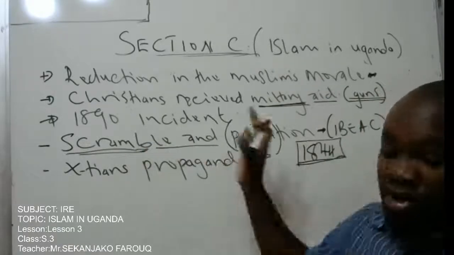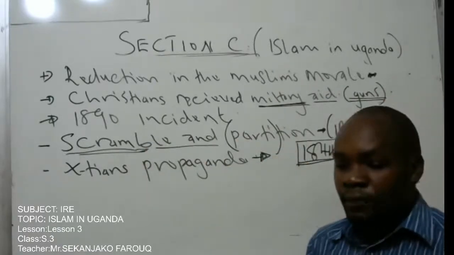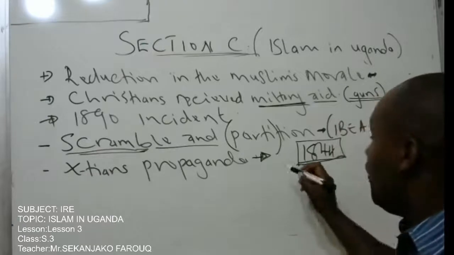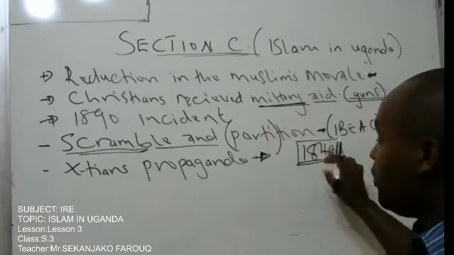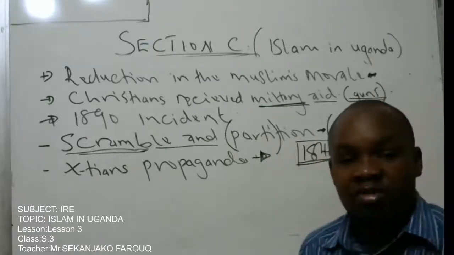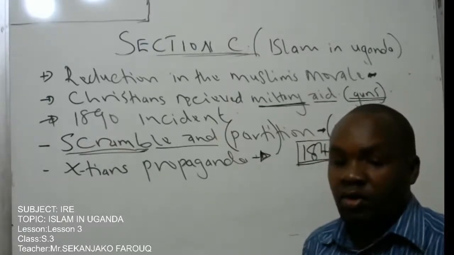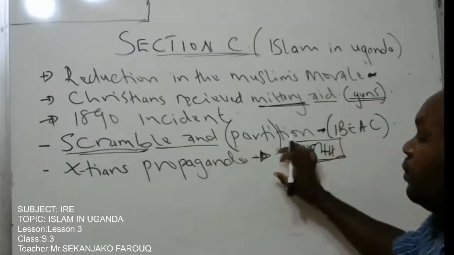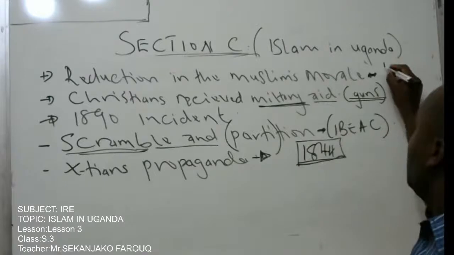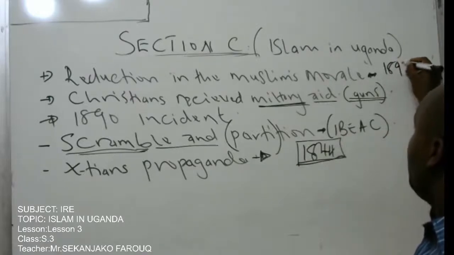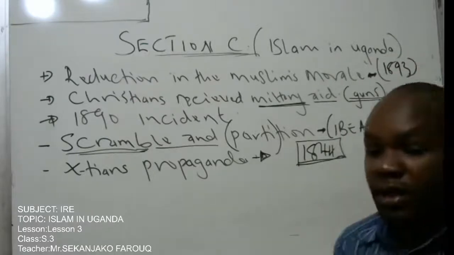So when these Christians came out with the propaganda that should the Muslims win over the Christians, they will circumcise everybody by force, this made the Christians join hands and fight with a lot of courage and zeal to make sure that they defeat the Muslims. And at the end of the day, by 1893, the Muslims had been defeated.